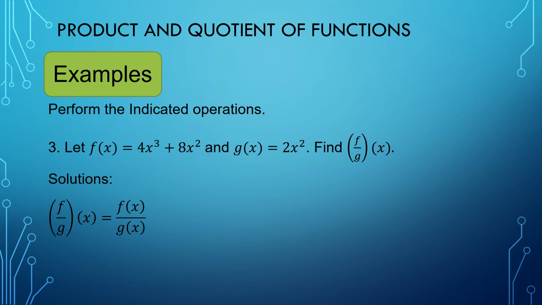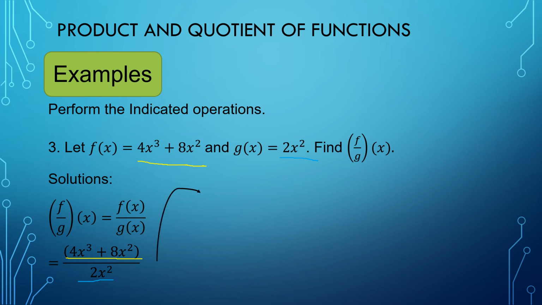From the given definition, f over g of x can be written as f of x over g of x. So we write the f of x, 4x cubed plus 8x squared. Then the g of x, we have 2x squared, which is this one.